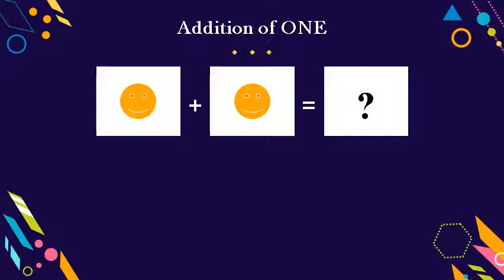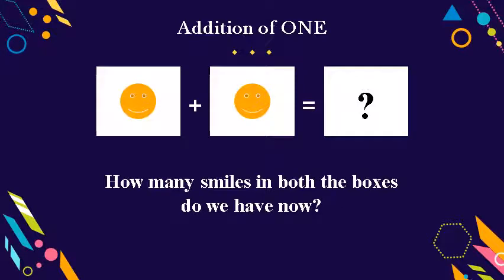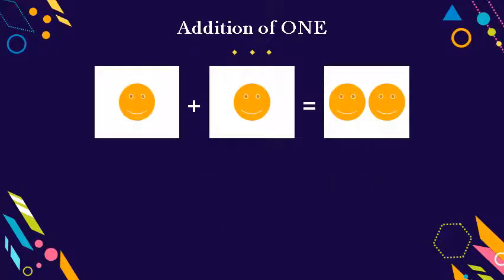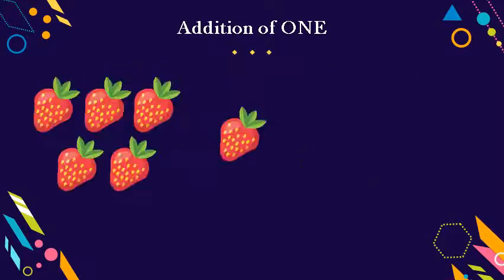Dear students, you can see the first box has one smiley and the second box also has one smiley. How many smileys in both the boxes do we have now? We have two smileys in all. So we will write 1 plus 1 equals 2.